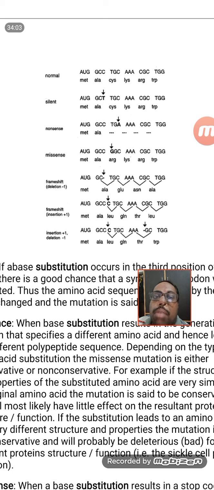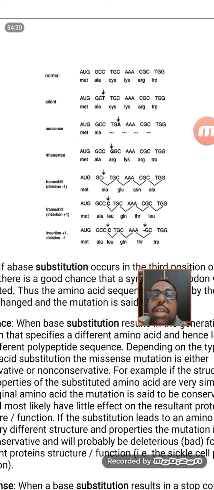And next is frame shift insertion. That means AUG is correct, GCC is correct, but instead of producing TGC directly, they have inserted one more C in between. So instead of TGC, the body will read along with C, CTG, CAA, like that.